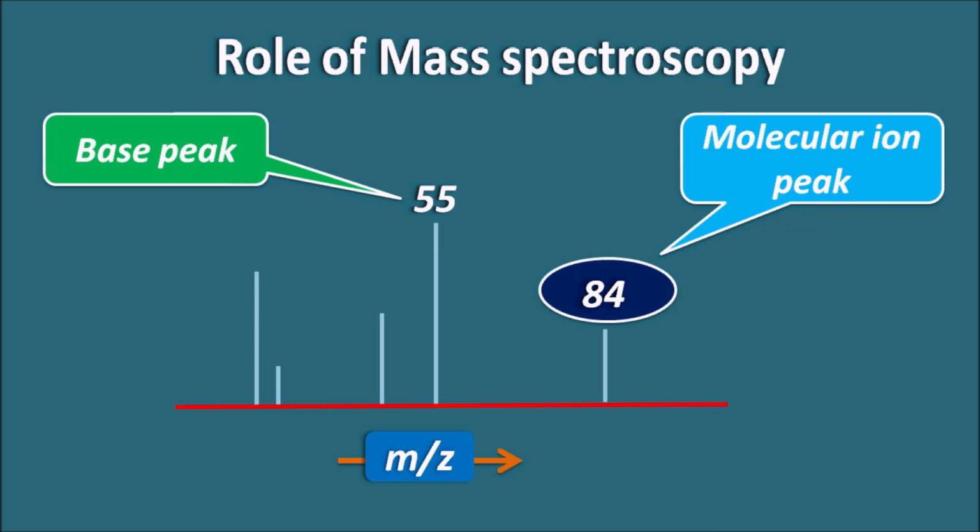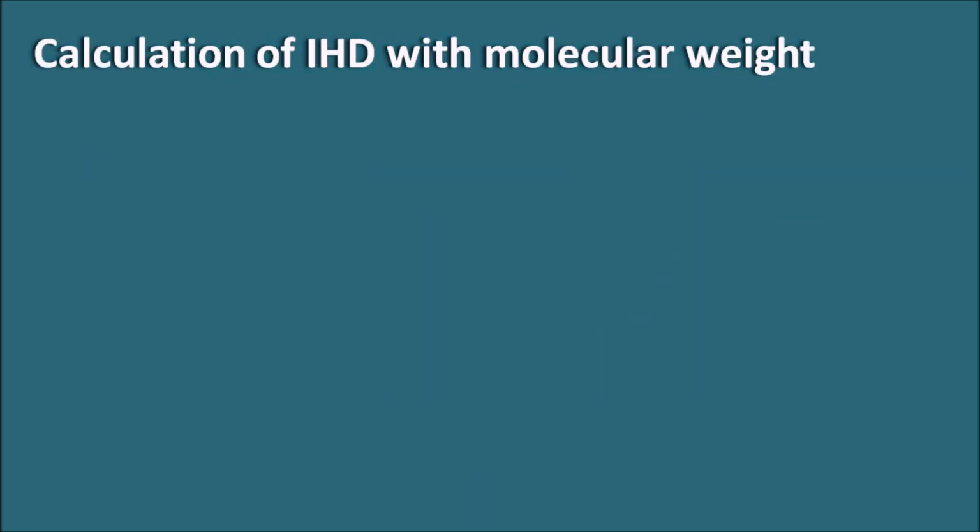For example, here the molecular ion peak is 84, and we can calculate the index of hydrogen deficiency by using the rule of 13. Then we can assess what the possible structural features of this unknown compound may be. Now let us see the calculation of IHD with the molecular weight.